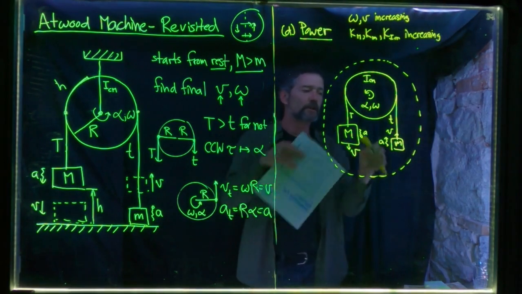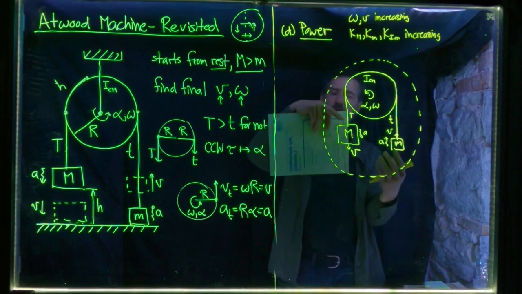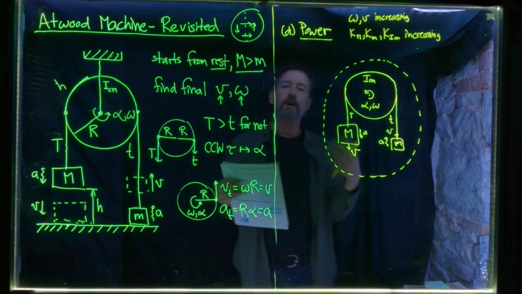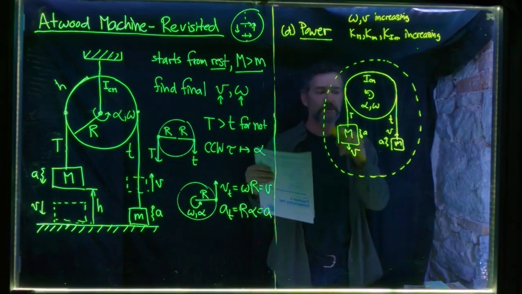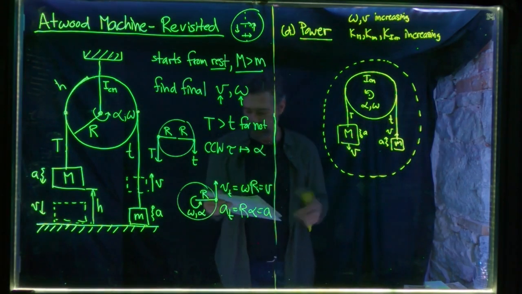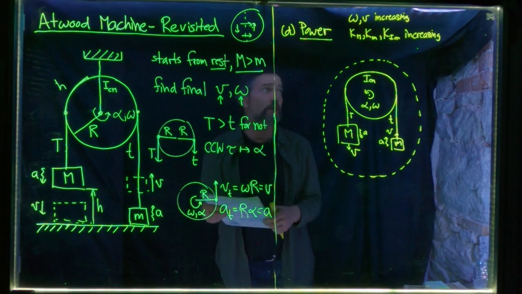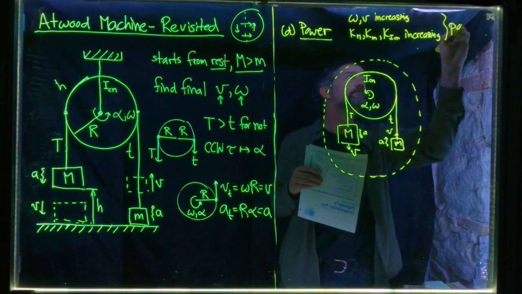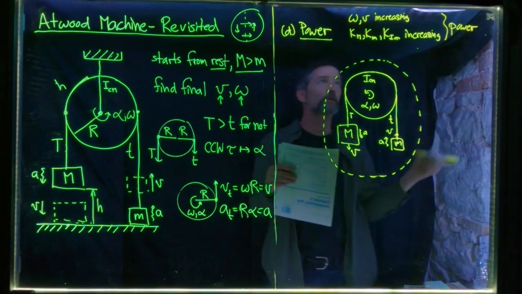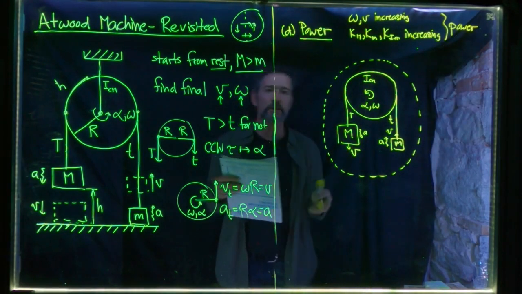The rate at which they're increasing is going to be the net power being supplied to those objects. So there's power flowing into each of these things, and we're going to be looking at the rate at which these kinetic energies are increasing.